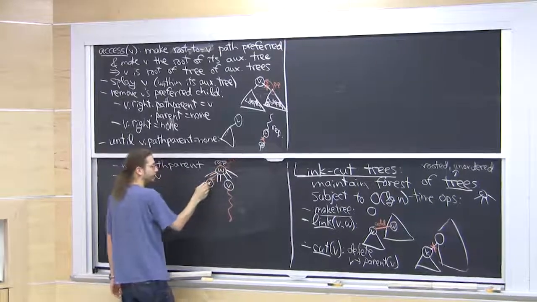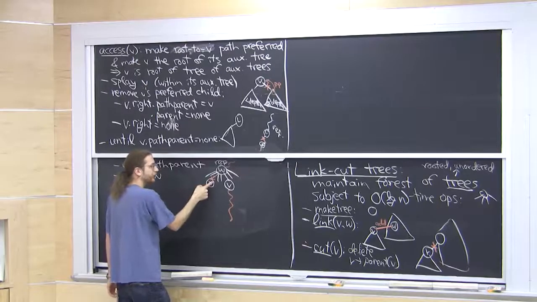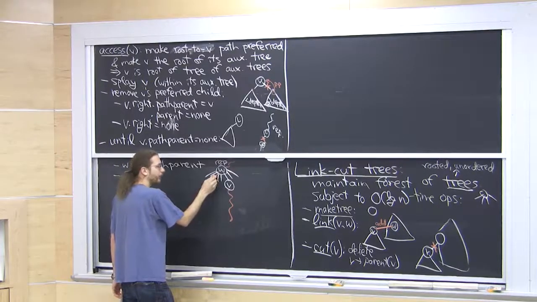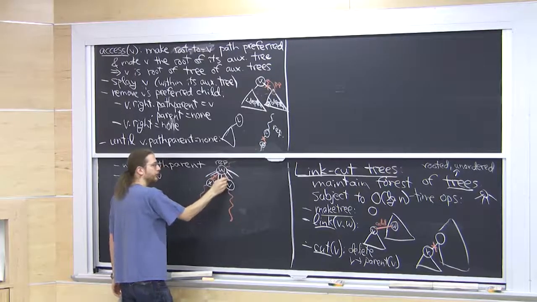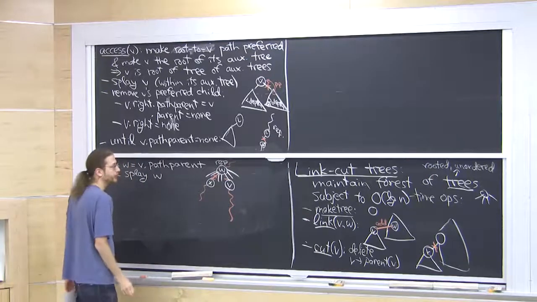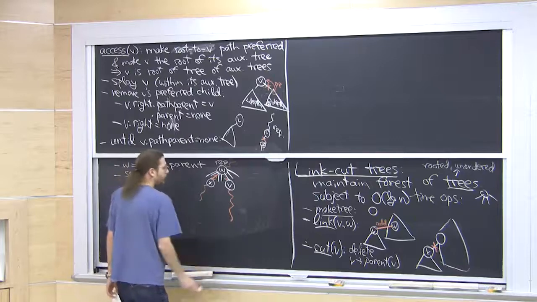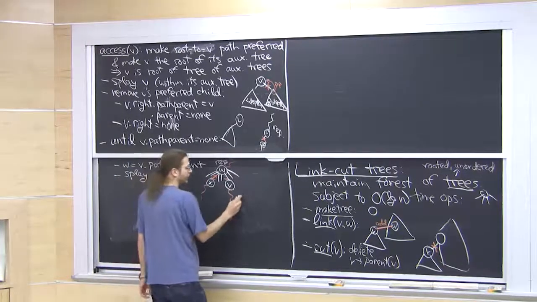So W's path is going to be something like this. So if it goes to some other guy X, we want to change that pointer. Instead of being that, we want to go here. Okay, that's in the represented tree. Now what does this look like in the tree of ox trees? Well, W lives in something.